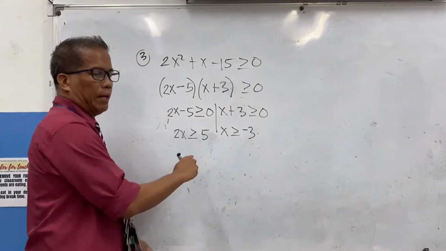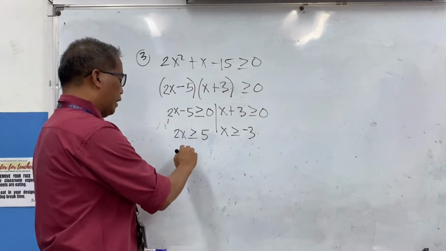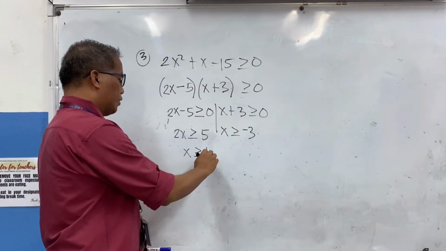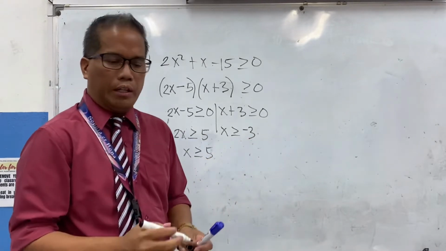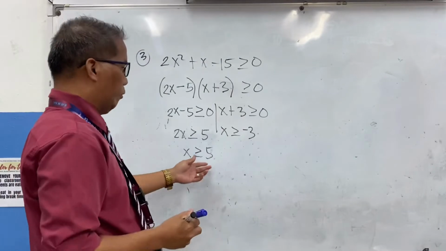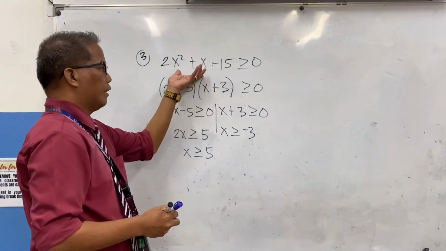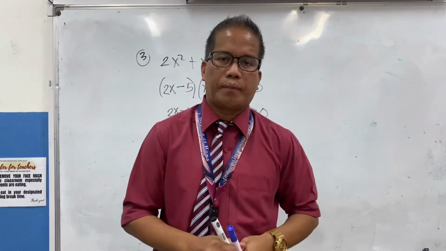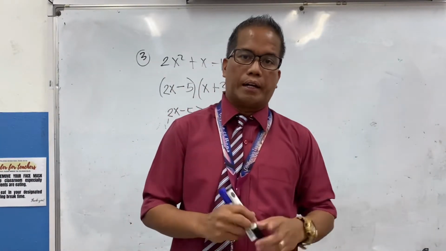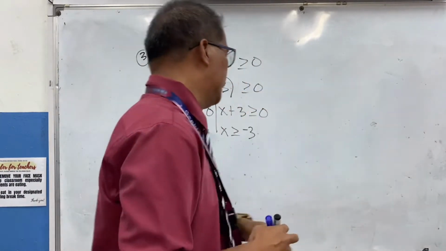Here we will divide both sides by 2, so x greater than or equal to 5 over 2. But we will identify which of these is the solution of this quadratic inequality. So we will use now the sign graph method.